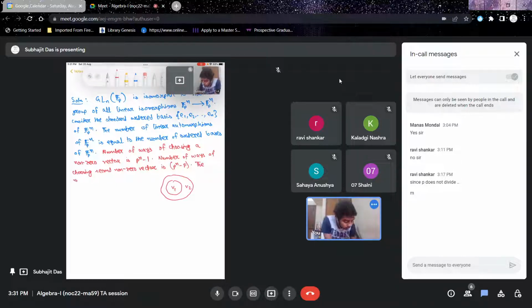So the number of ways of choosing, I should write linearly independent here, the third linearly independent vector, is p to the power n minus p square, right?